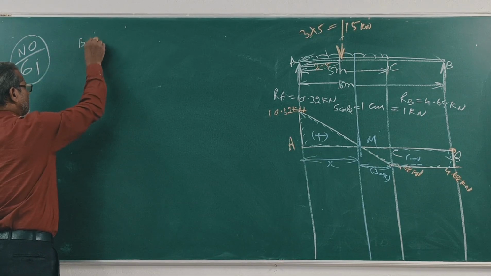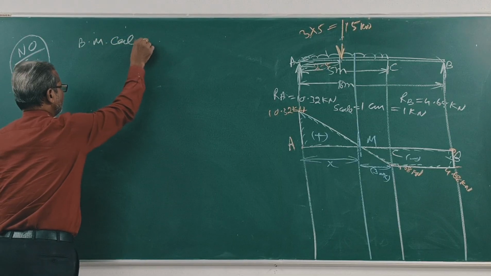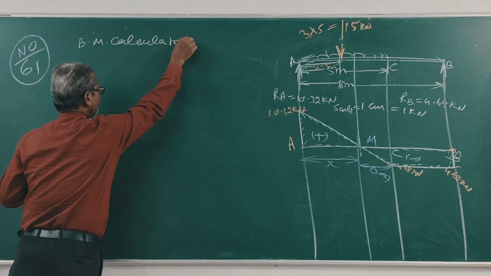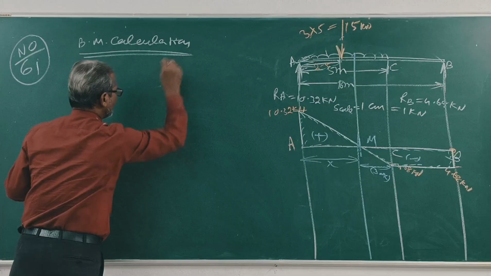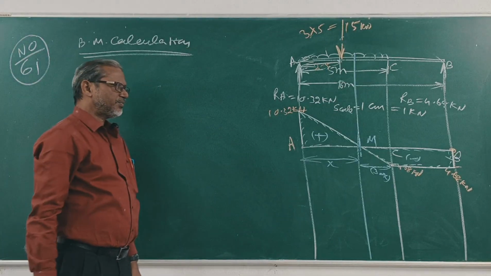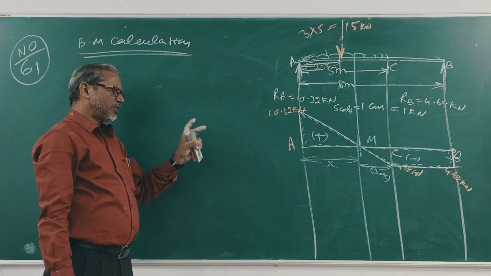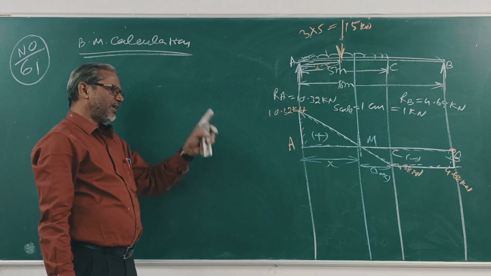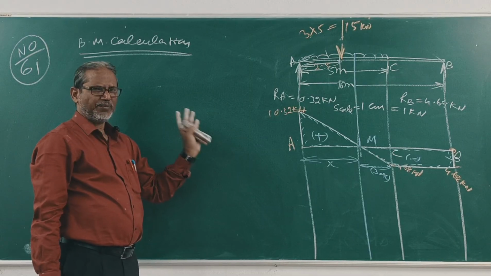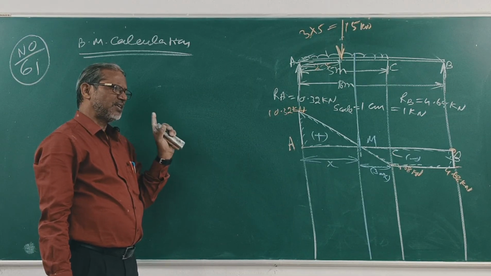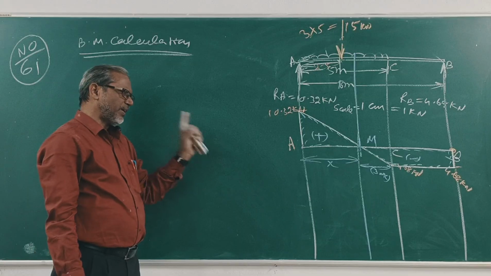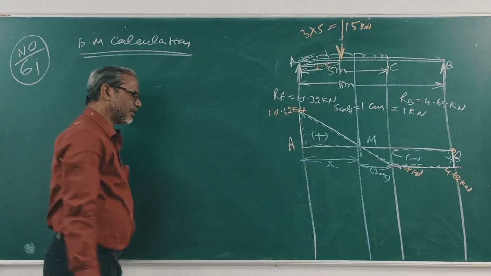Bending moment calculation. Right? We first find out the bending moment at points A, B, C and M. So where does M lie? M is at distance x from A. Now find out x.